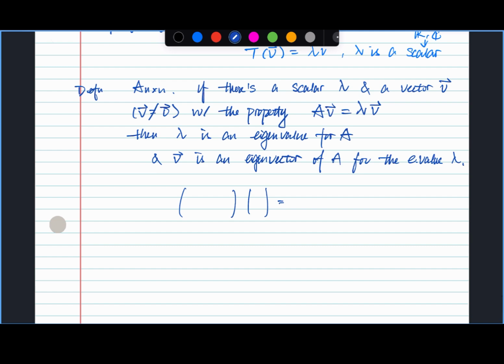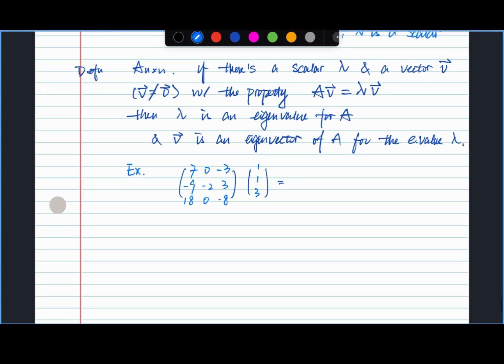So for example, if we think about the 3 by 3 matrix 7, negative 3, negative 9, negative 2, 3, 18, 0, 0, negative 8, and we multiply it by 1, 1, 3.